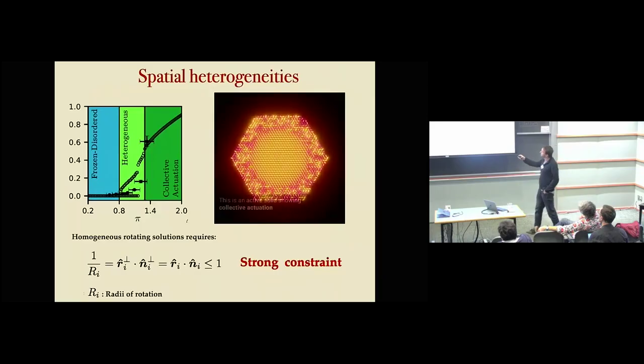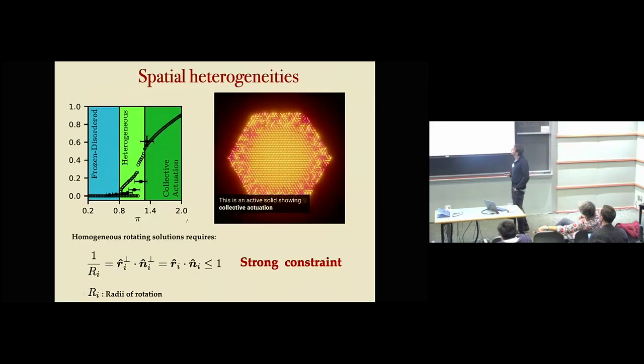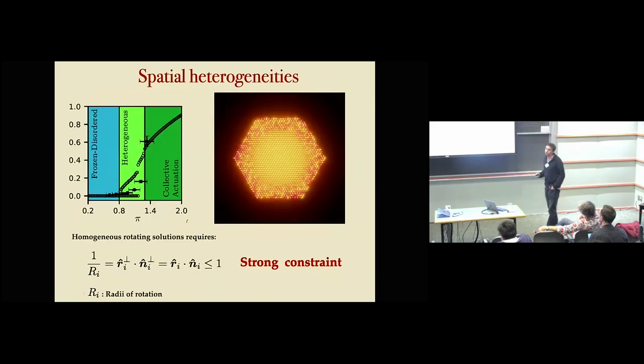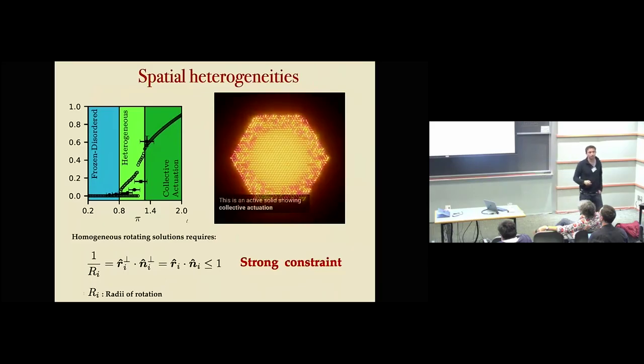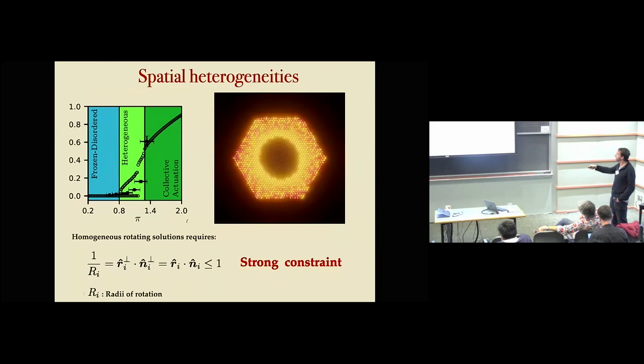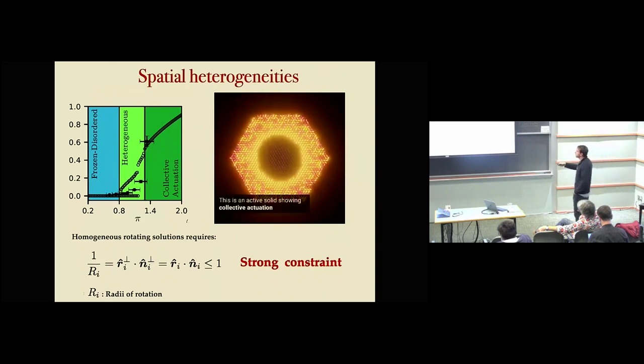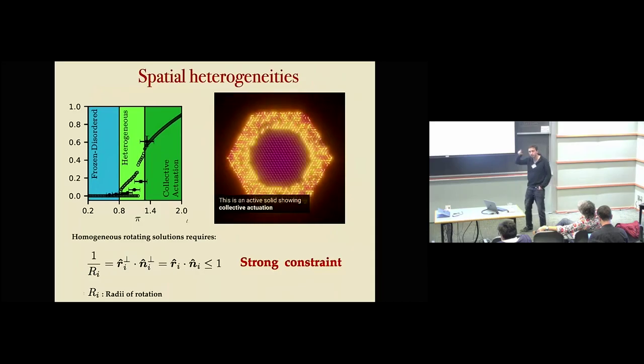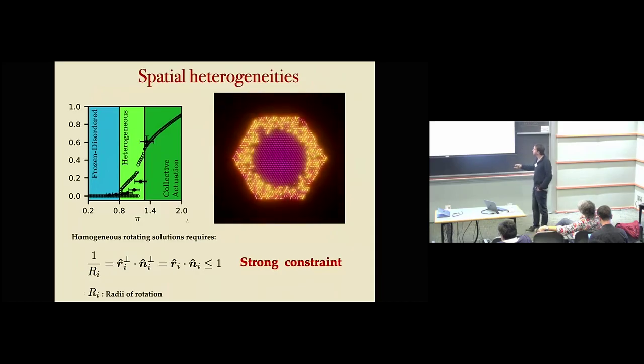We have this heterogeneous regime that the mean field version doesn't capture, and we understand now that this comes from the fact that there is a very strong constraint in our system: the radius of rotation of each of these hexbugs needs to be larger than 1.